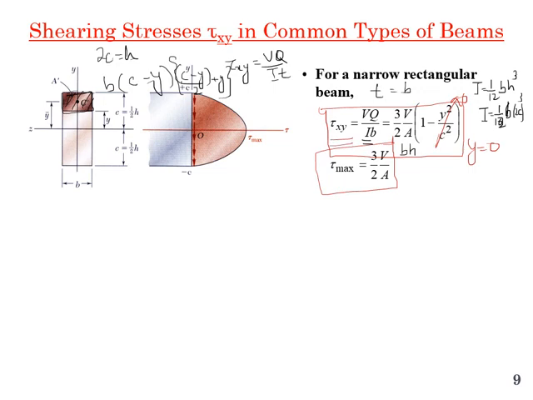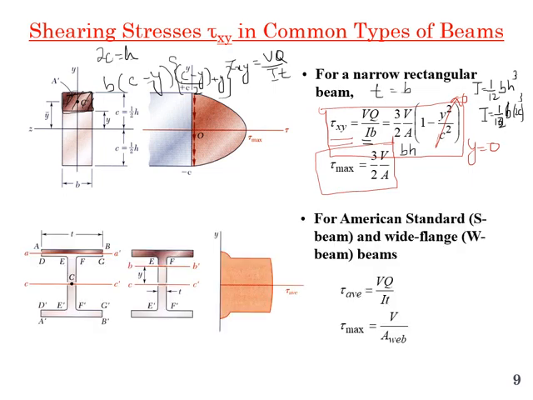So the shear stress distribution will be parabolic. It will be maximum at the neutral axis, and it will be 0 at the top and bottom surface. So usually the shear stress distribution is parabolic, and at the top and bottom surface it will always be 0.